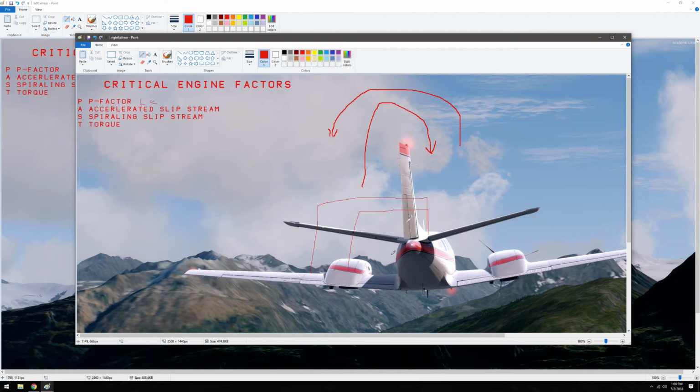The air hitting all that helps, even hitting the fuselage here, helps yaw the airplane into that engine, so we're not having to use as much rudder pressure to get that zero side slip. Our torque, once again, with that critical engine running, the torque actually helps us oppose some of that rolling motion from the accelerated slipstream.